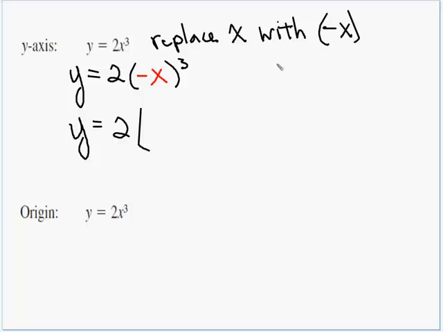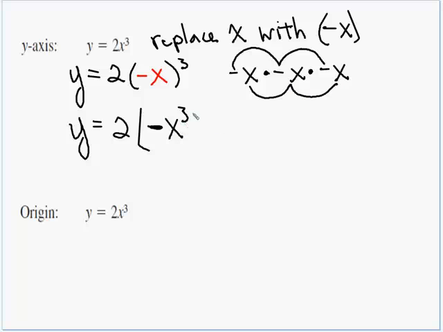Negative x quantity cubed is negative x times negative x times another negative x. Well, a negative times a negative is a positive, times another negative is negative, and then x times x times x is x cubed. That is supposed to be a parenthesis there.